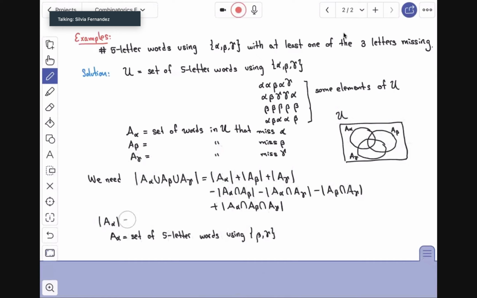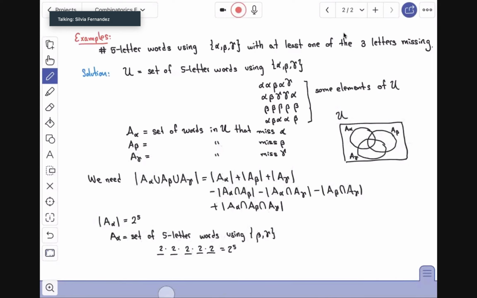How many of those do we have? Well, 1, 2, 3, 4, 5 letters, and we have 2 possibilities for each, right? Because we can use beta or gamma. So that's 2 to the 5th. So the cardinality of A alpha is 2 to the 5th.